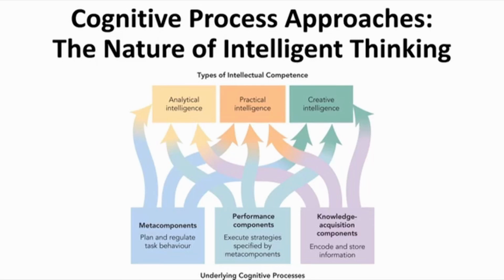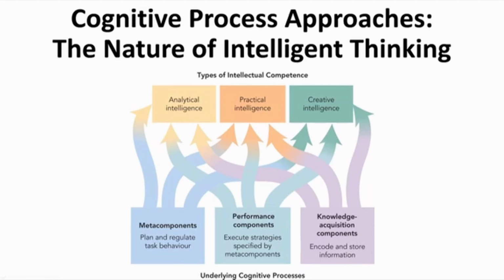Our practical intelligence would refer to skills needed to cope with everyday demands and to manage yourself and others practically. And then creative intelligence would be our mental skills that we would need to adapt to novel problems. How do we deal with new situations? And so these three types of intelligence would all work together to allow us to survive in our environment.